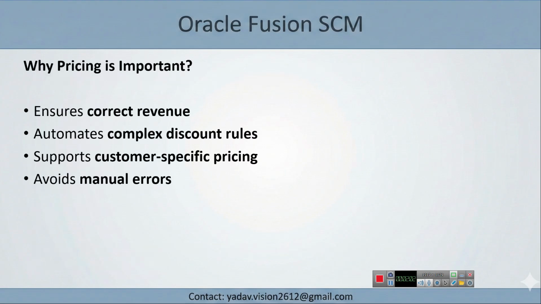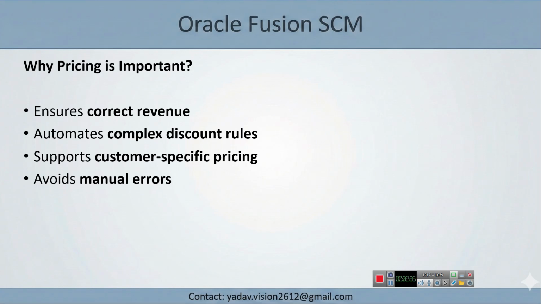So why is pricing so important? Because you're not going to manually give the price each and every time. In a small organization selling limited products, it may work out, because you give the limited prices for limited items and you are aware of what price you are selling.